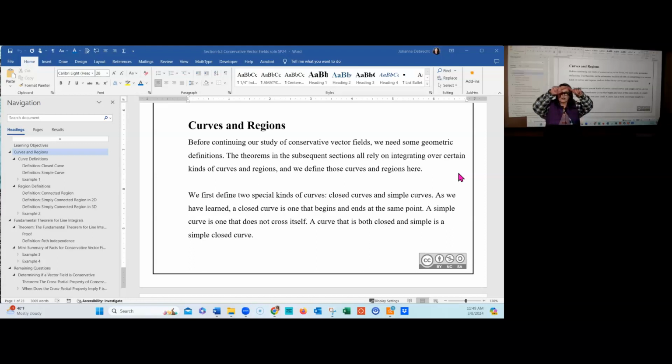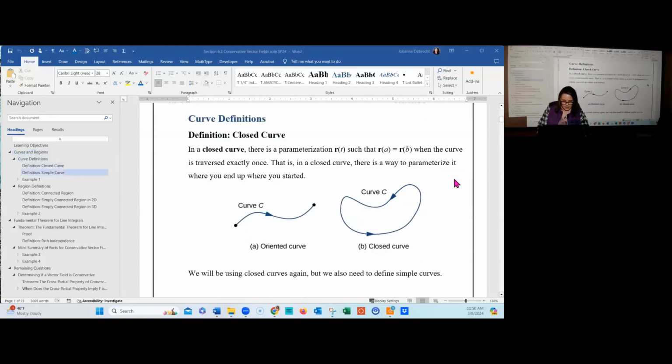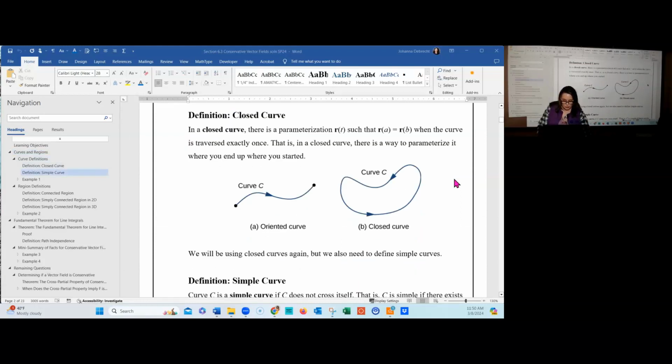A closed curve has the same point as both its beginning and ending place. A simple curve is one that does not cross itself or intersect itself. A curve can be both closed, where it comes back around to where it started, and simple, where it does not cross over itself. Let's go ahead now and take a look at the formal definition of a closed curve.